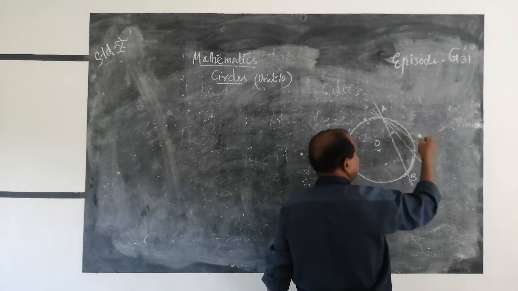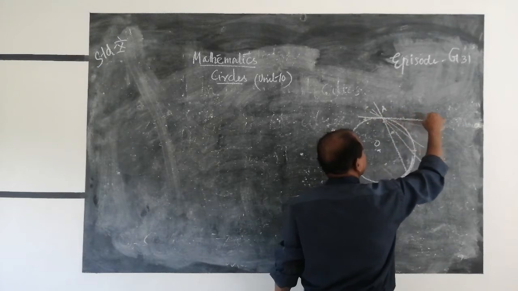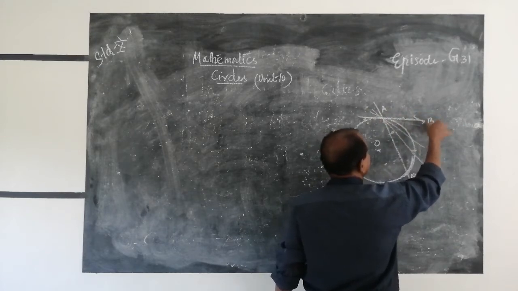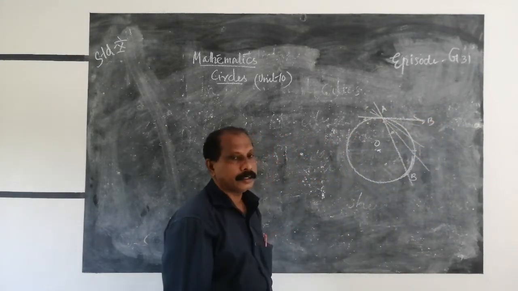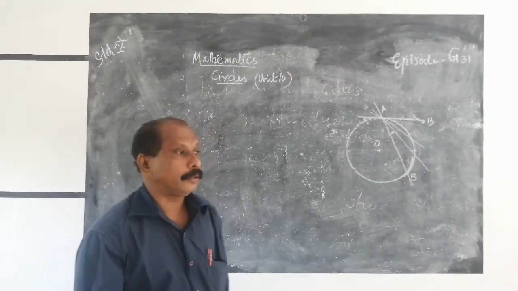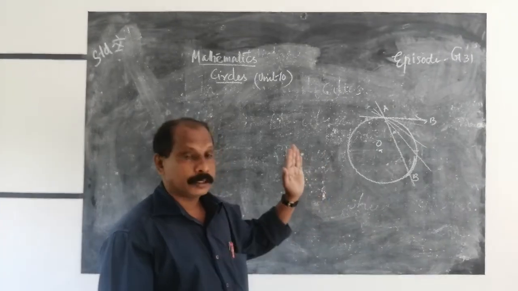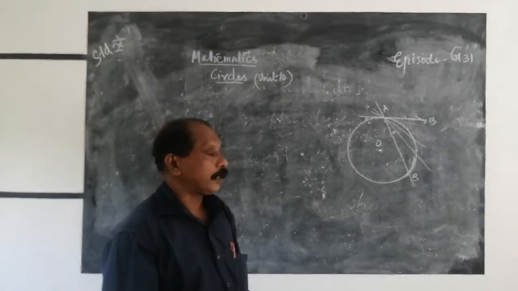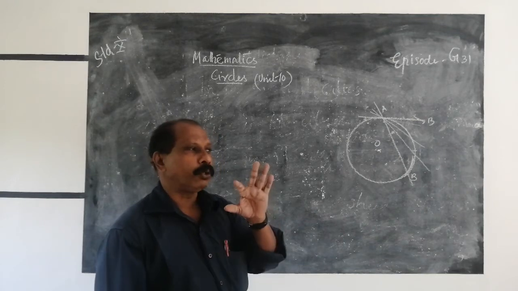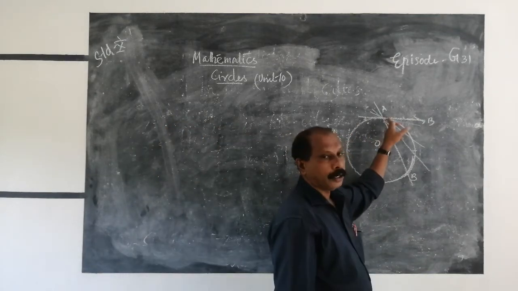Then finally, B coincides with A. AB was a transverse line that cut the circle at 2 points. B moved to A and finally coincides with A. There is only one common point between the circle and the line.